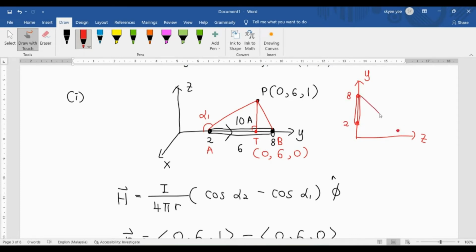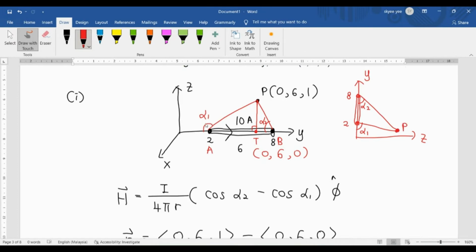So it will be here. This one will be your alpha 1, and this one will be your alpha 2. This is your observation point, point P.